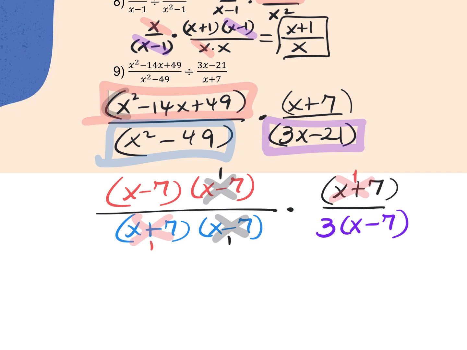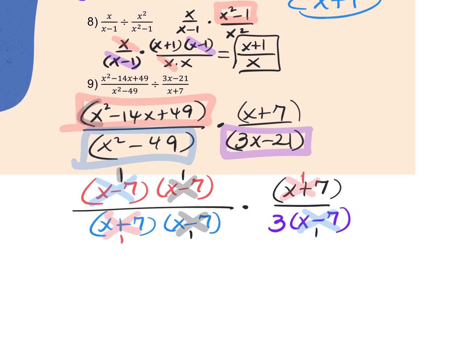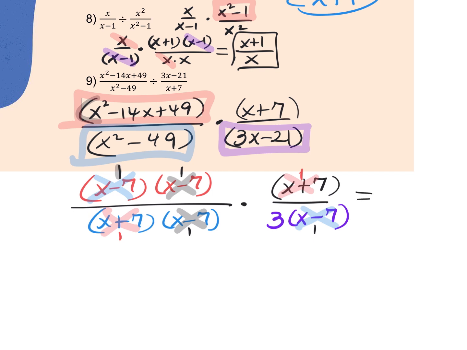And then I also have an x minus 7 that I can still simplify. This one with this one. And again, what's left behind are 1s. And now, the only thing that's left is that purple 3 and the 1 in the top. So my final answer here is 1/3.